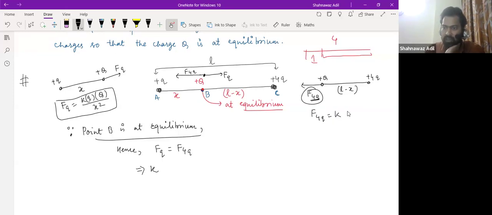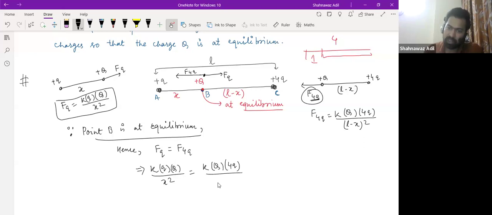Again, K, Q, 4Q, and L minus X square. Correct? Yes, sir. So let's write all these values. So K, Q, Q divided by X square, and then K, Q, and 4Q divided by L minus X whole square.